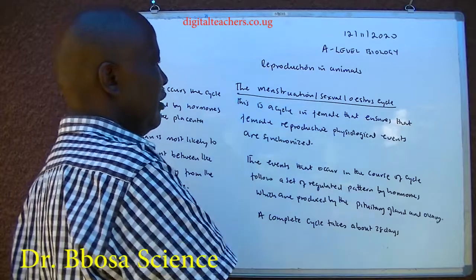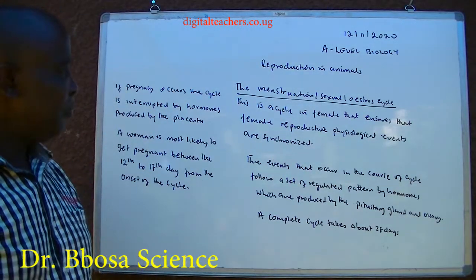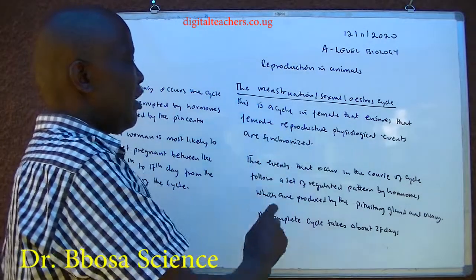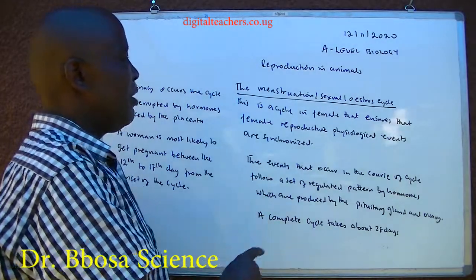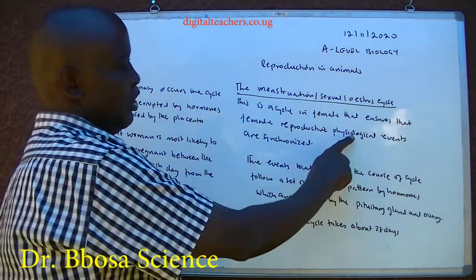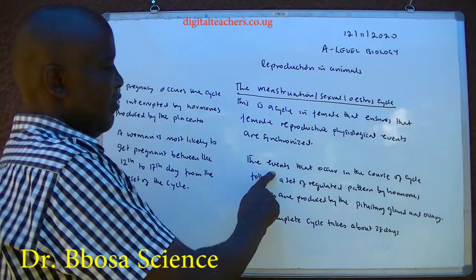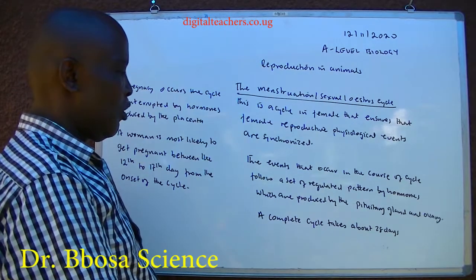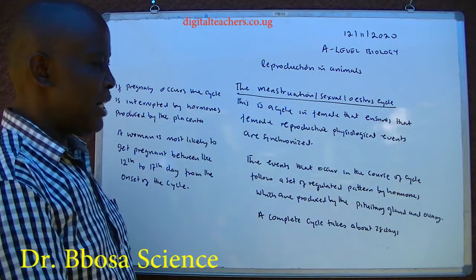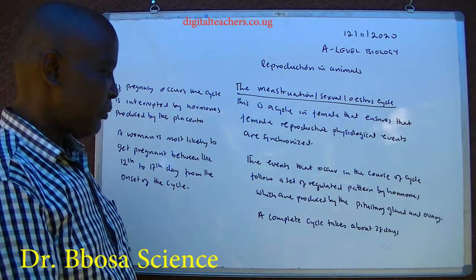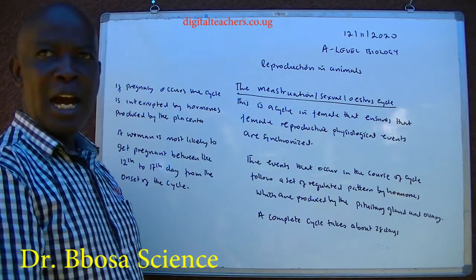Female suffer gestation stress. Offsprings are less adapted to the environment at birth. The menstruation, sexual or oestrus cycle. This is a cycle in the female that ensures that female reproductive physiological events are synchronized. The events that occur in the course of the cycle follow a set of regulated patterns by hormones, which are produced by the pituitary and the ovary.